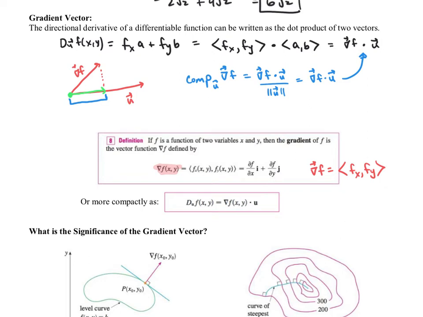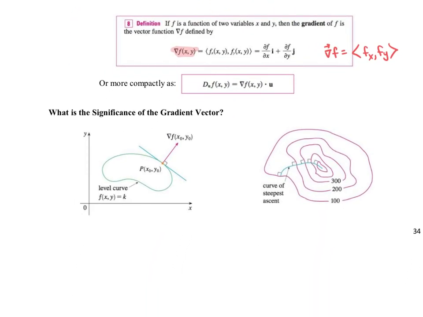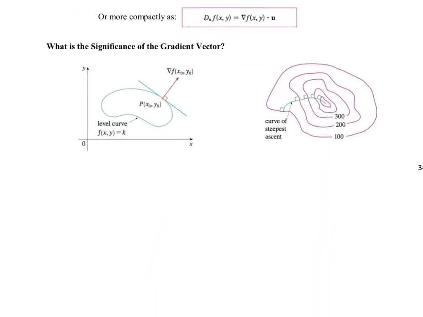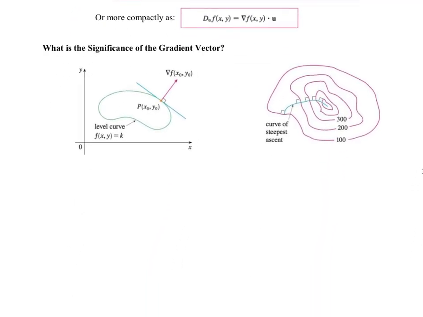Okay, now I'm going to explain one more pretty important concept with the gradient, and that is that when we analyze the gradient and we look at level curves or the contour curves of a particular surface, the gradient is actually going to show us the greatest rate of change along that particular surface.